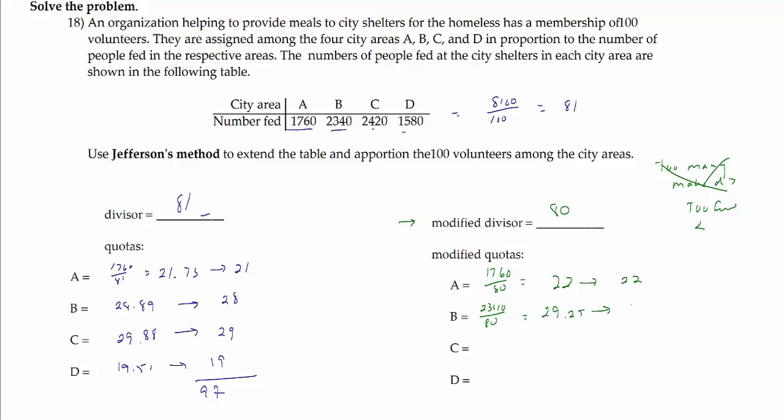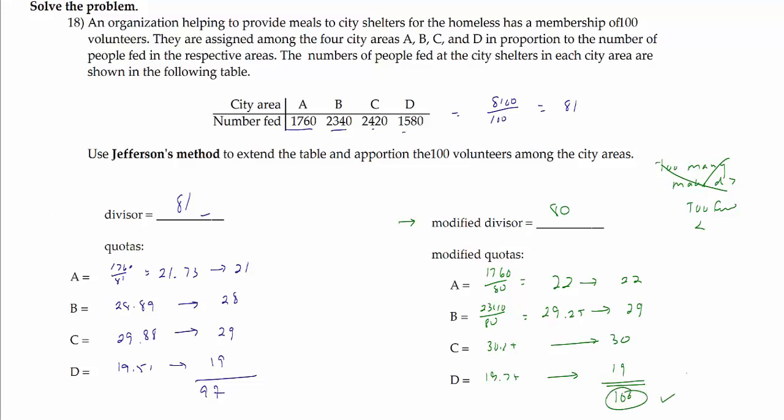So lower quota is 29. For C, I ended up with 30.25. So lower quota is going to be 30. And for D, I got 19.75. Lower quota is going to be 19. Now when I sum all of these up, I get 100, which is what I needed.